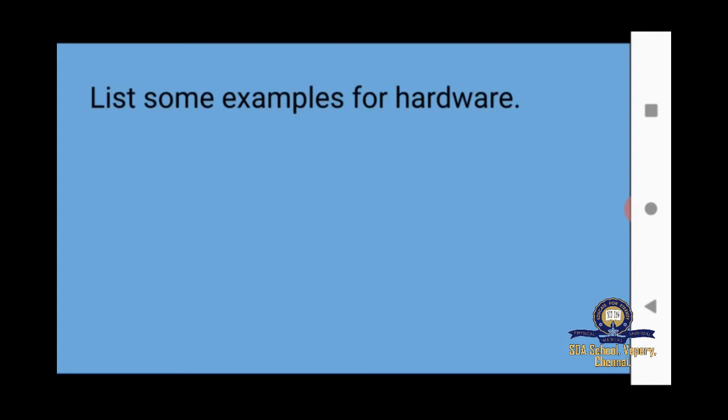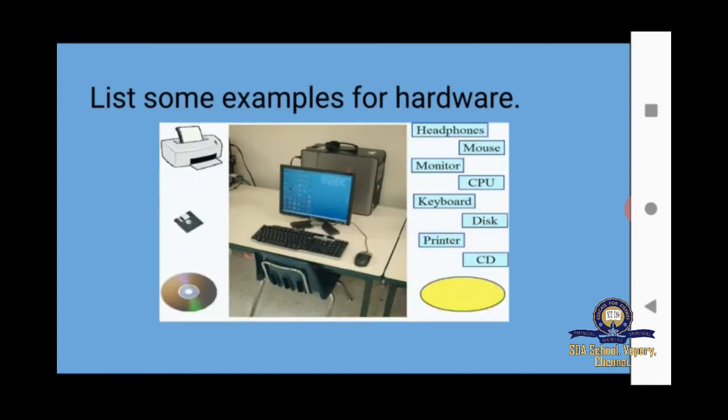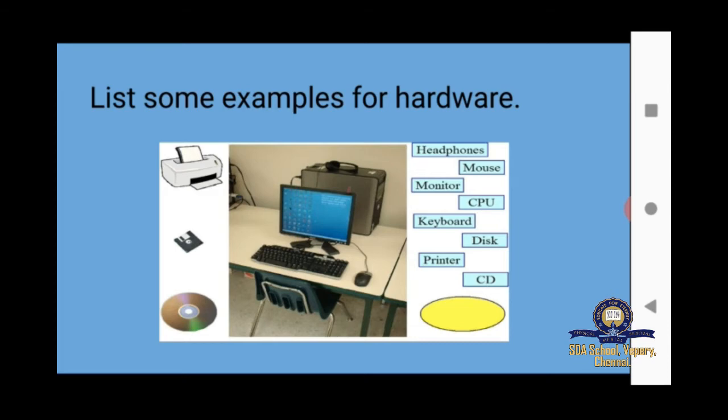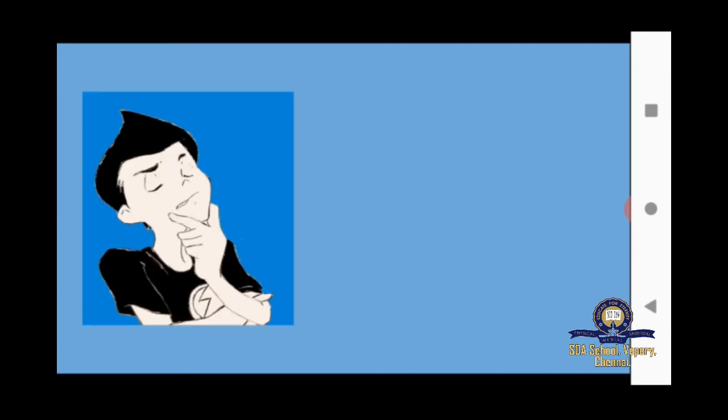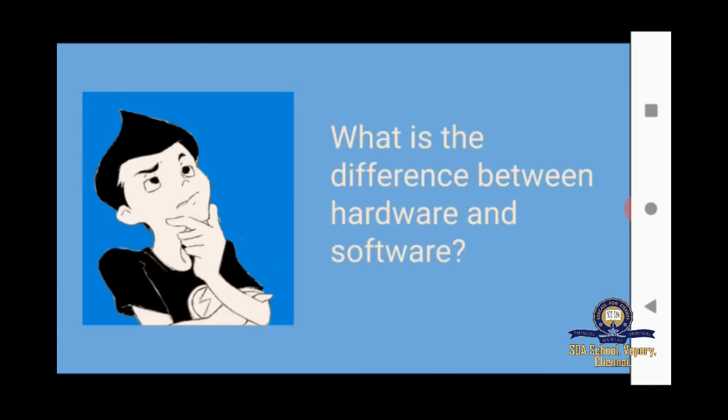Then list some examples for hardware. Monitor, keyboard, mouse, speaker, scanner, CPU, printer, disk, CD. These are some of the examples for hardware. Then, what is the difference between hardware and software?